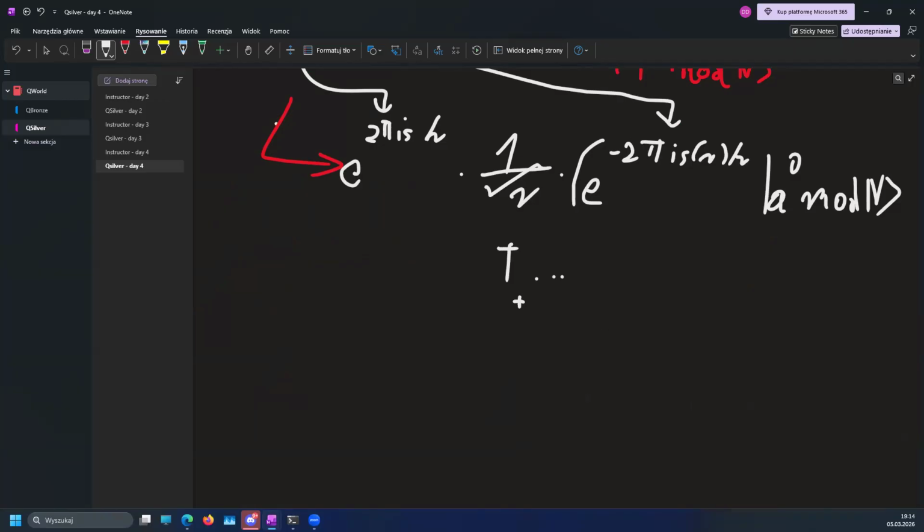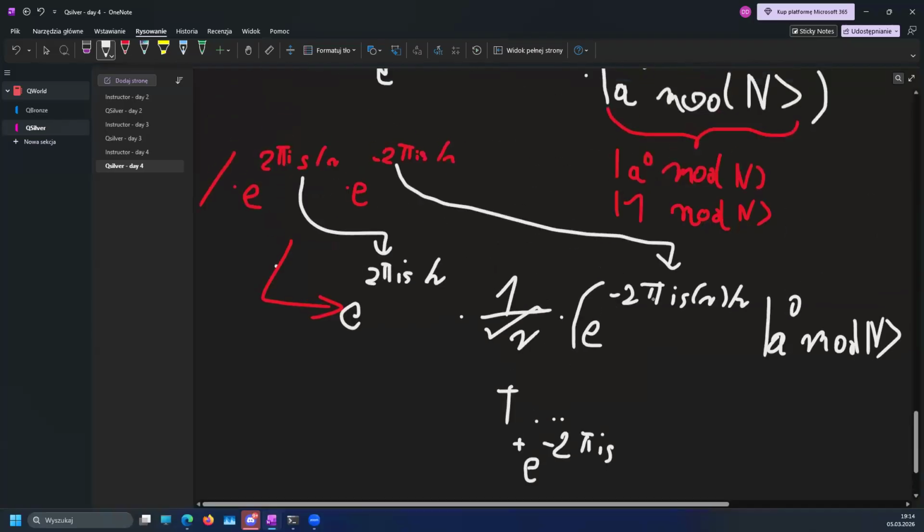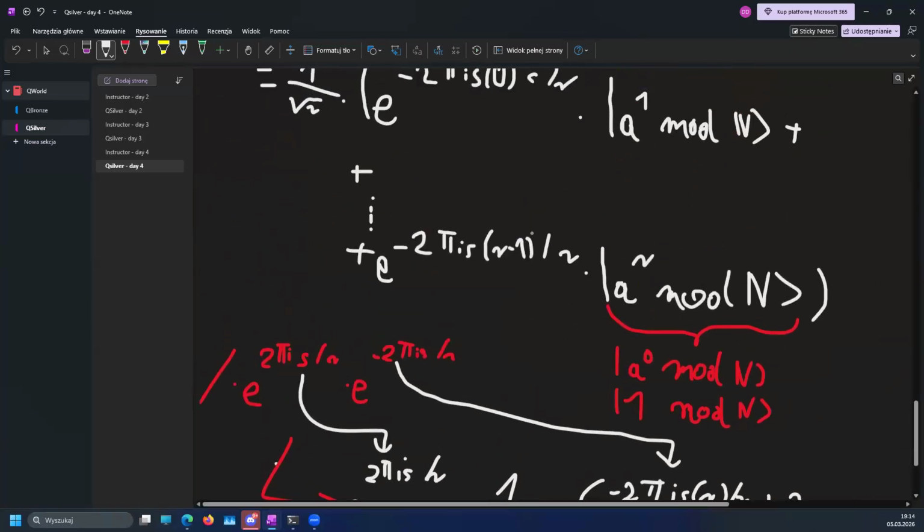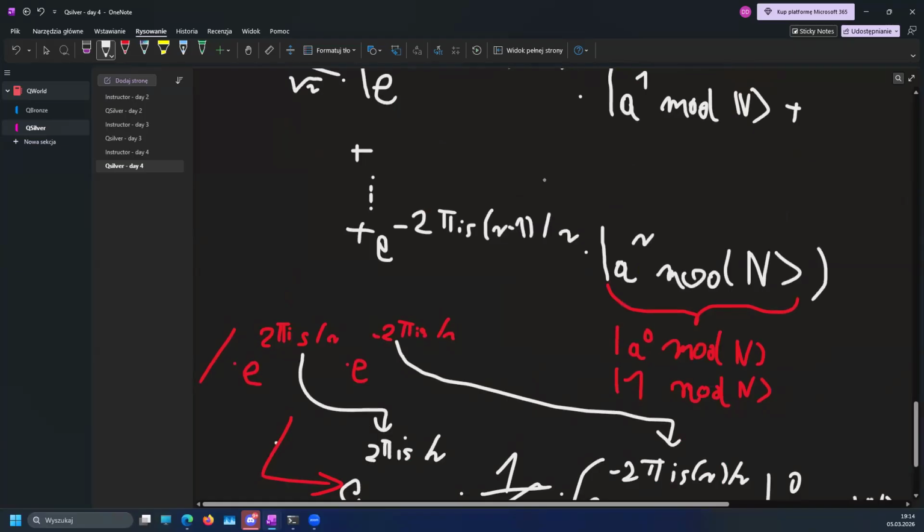So maybe now let's move on to the last element. So we will have e to the power of minus 2 pi i s, and here we had r minus 1.